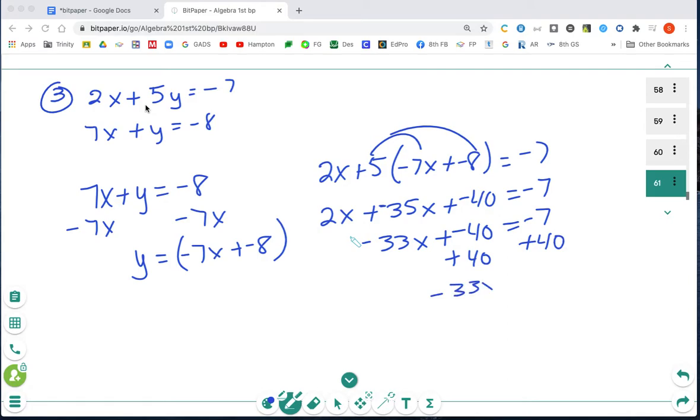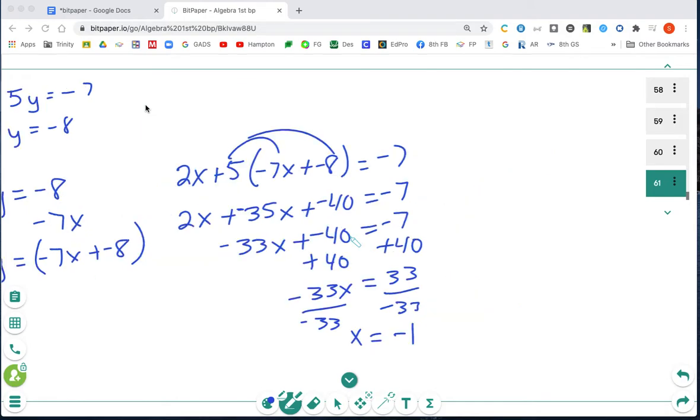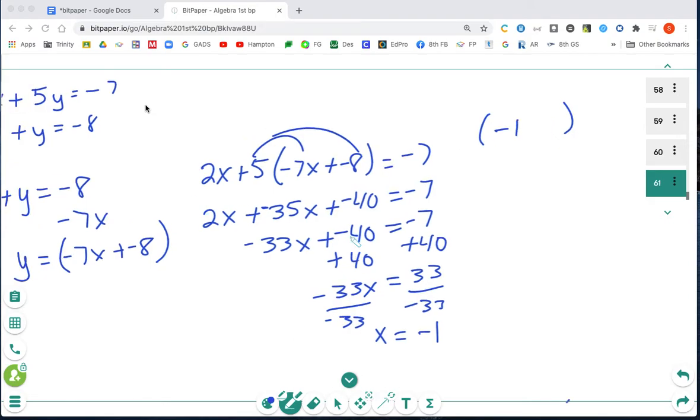Negative 33x is equal to positive 33. Divide by negative 33, divide by negative 33. x is equal to negative 1. So I have x equals negative 1. I'm going to put it into my second equation that I've not used.